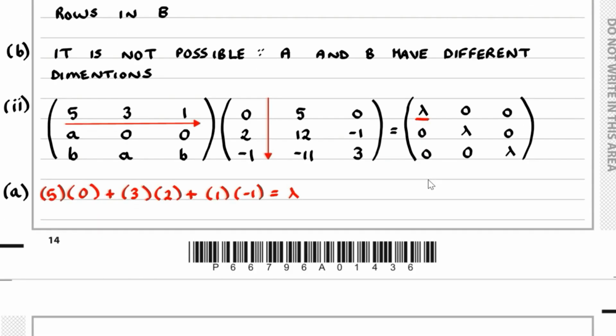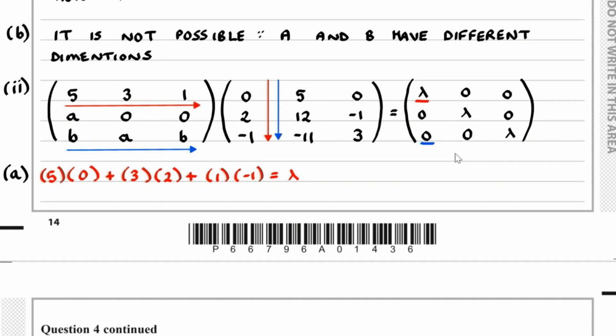Now, to find out what B is and what A is, what we could do is work across here and then work down here. The result of this is this element over here.